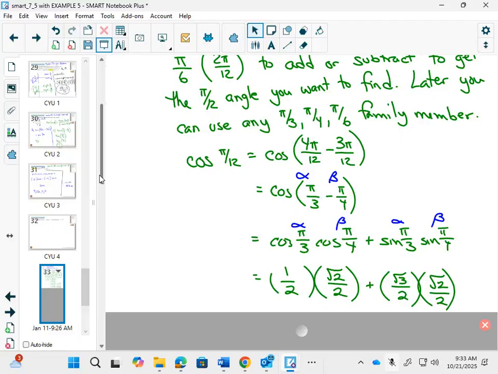Use your fraction rules. How do you multiply fractions? Multiply the numerators, multiply the denominators, and write your answer as a single fraction.